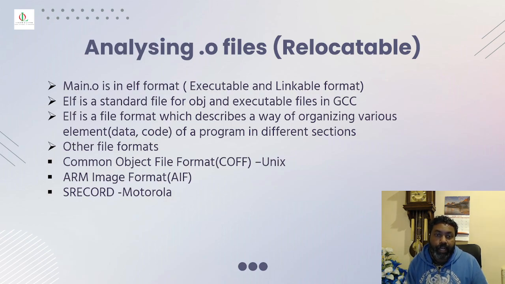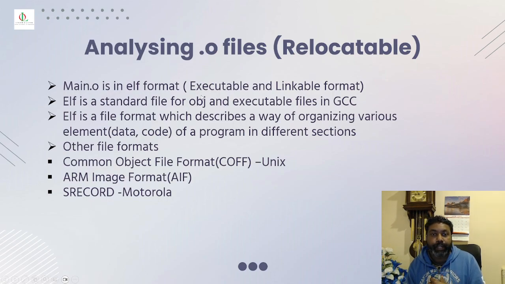So analyzing the .o files, the relocatable files, the main.o is in the ELF format, which we just saw. So the ELF is a standard file for object and executable files in GCC. It is a file format which describes how to organize various elements that have both the data and the instructions, and it gives you different sections, like .text, .bss, .rodata, and likewise.